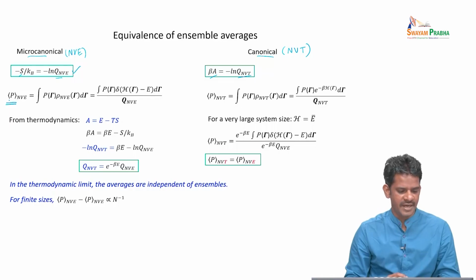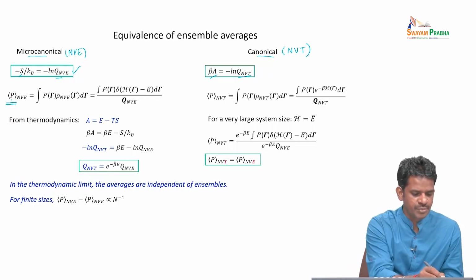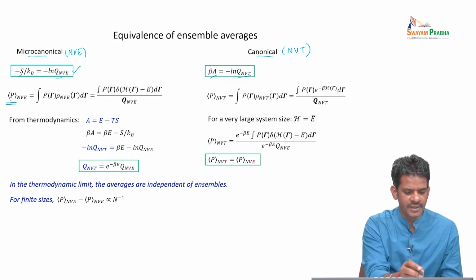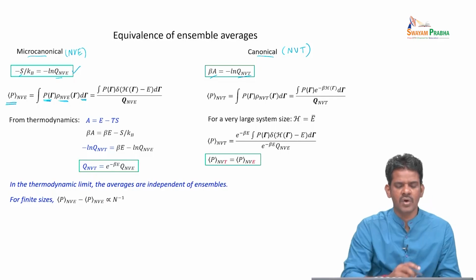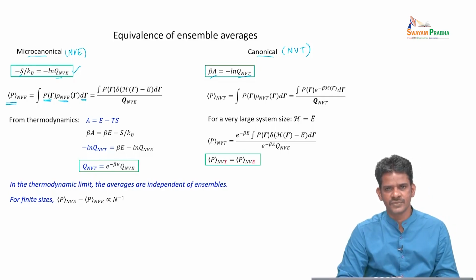So, the average pressure is: you measure the instantaneous pressure at a given microstate, weight the microstate with respect to the distribution function, and then integrate over all possible microstates. That is the definition of average pressure in the ensemble average framework.